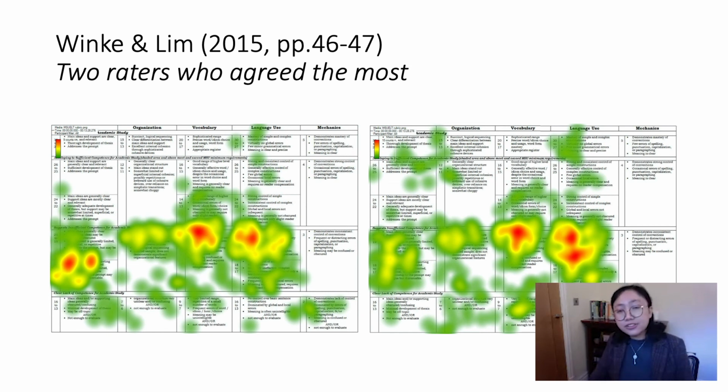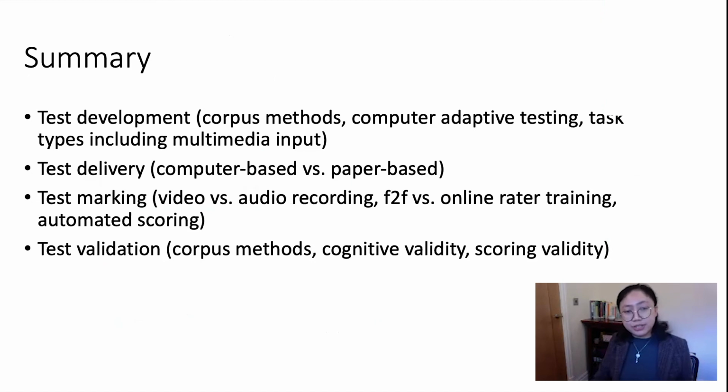So I'd like to just summarize, really. We've looked at 4 different areas. In test development we talked about corpus methods, computer adaptive testing, and the inclusion of different types of multimodal input. In test delivery, we looked at the comparability between computer-based and paper-based testing.